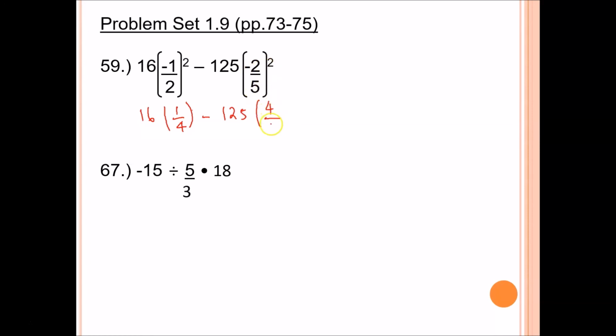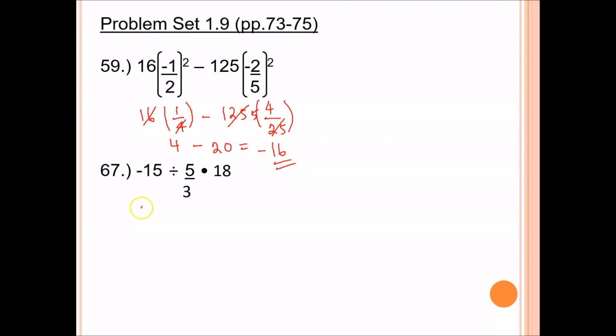And 5 times 5 is 25. Okay, simplify. 16 divided by 4 is a 4 times 1 is still 4 minus 125 divided by 5 is a 5. 5 times 4 is 20. Therefore, our final answer, 4 minus 20 is negative 16.